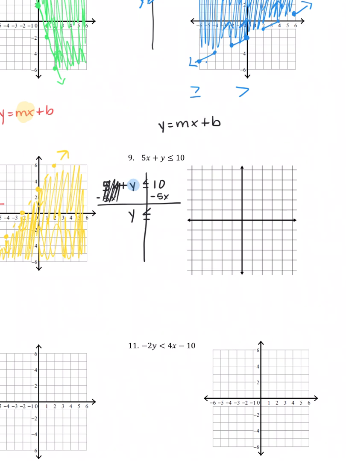And remember, you want your x first, because in mx plus b, your x has to come first. So the 5x is going to come first. Let's write that negative 5x, and then that's a positive 10. It doesn't say negative 10, so I'm going to say plus 10. So y is less than or equal to negative 5x plus 10. This is my m, and this is my b.